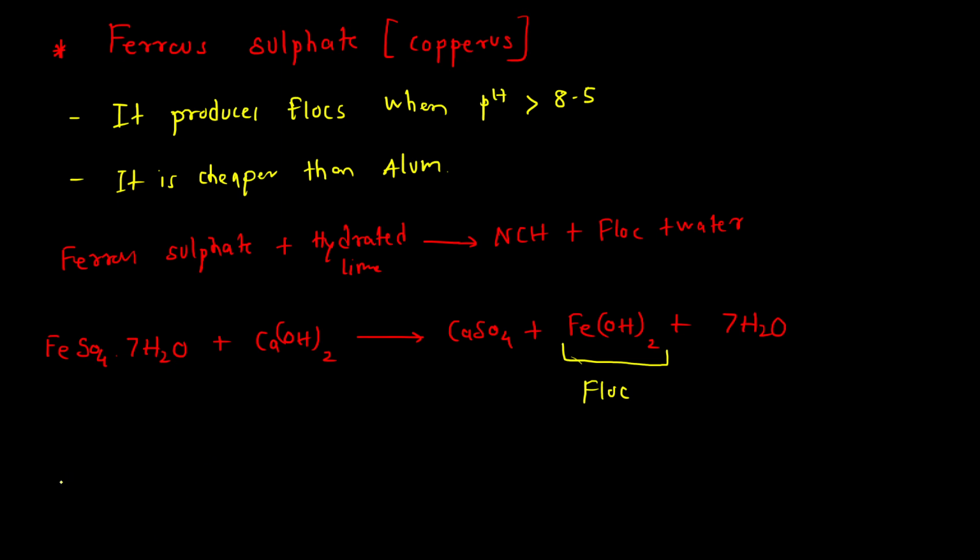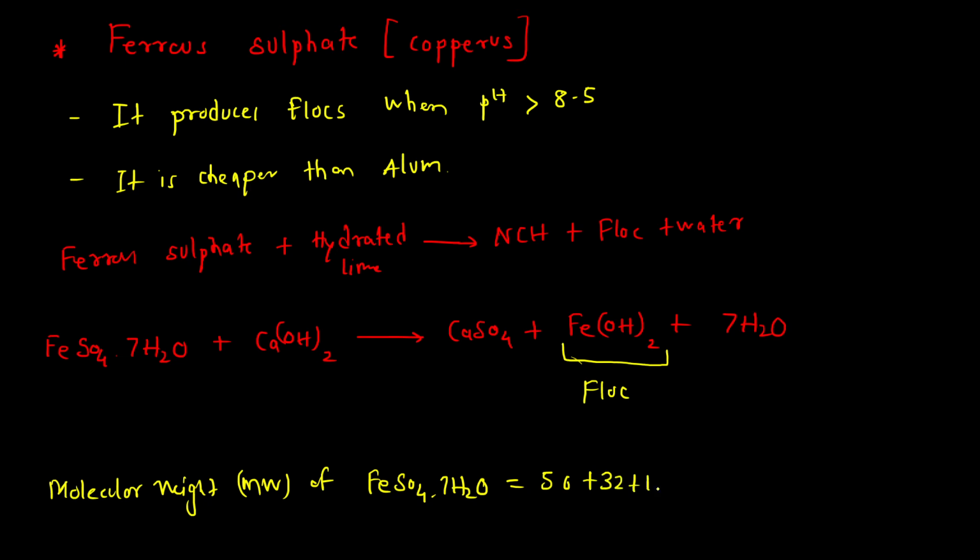Now the molecular weight of FeSO4.7H2O. It is 56 plus 32 plus 16 into 4, plus 7 into H2O, which is 18. If you calculate it, it should be 278, the molecular weight of ferrous sulfate.